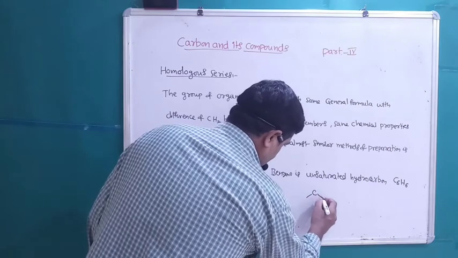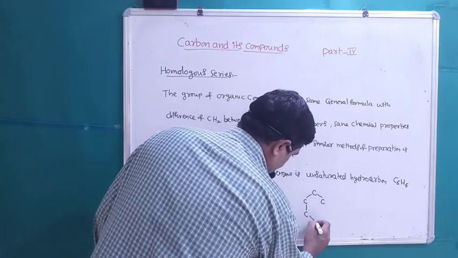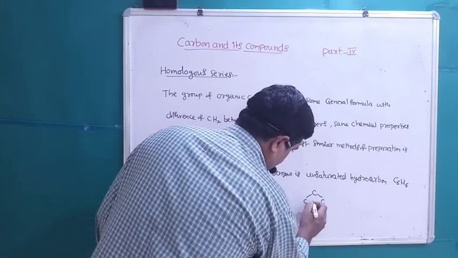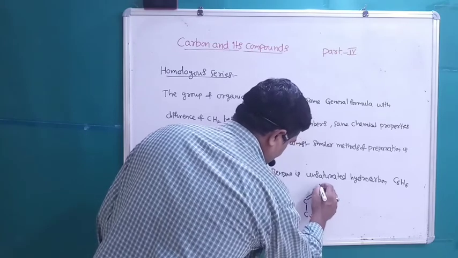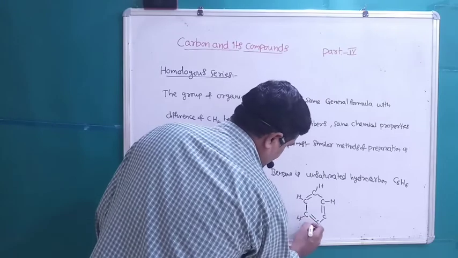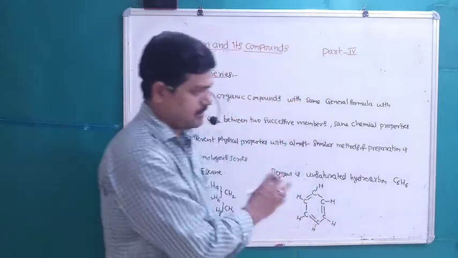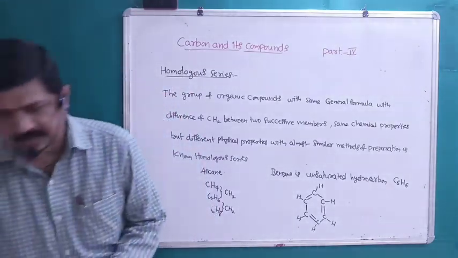In this, 6 carbon atoms are there, and it has alternating double bonds, and each carbon is bonded with one hydrogen with a single bond, right? C6H6. The model for benzene will be like this.